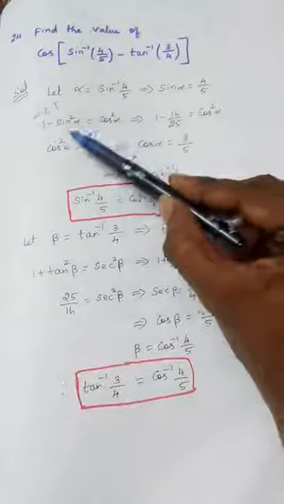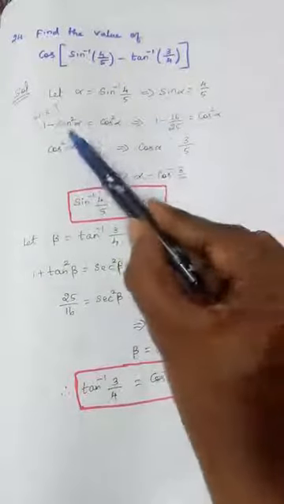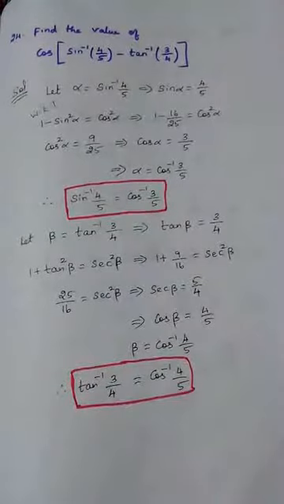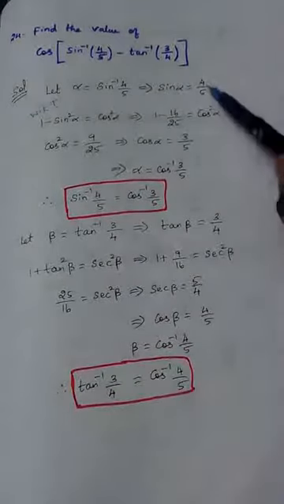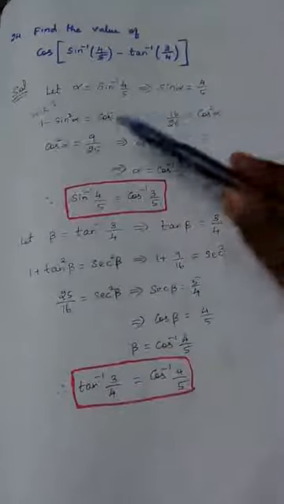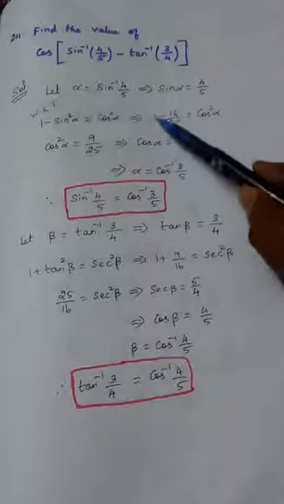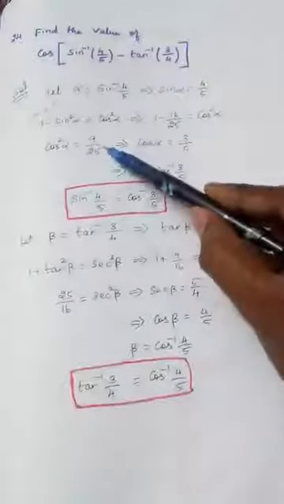So squaring this, 1 minus sine square alpha means 1 minus 16 by 25 equals cos square alpha. Simplifying this, 25 minus 16, 9 by 25 equals cos square alpha.